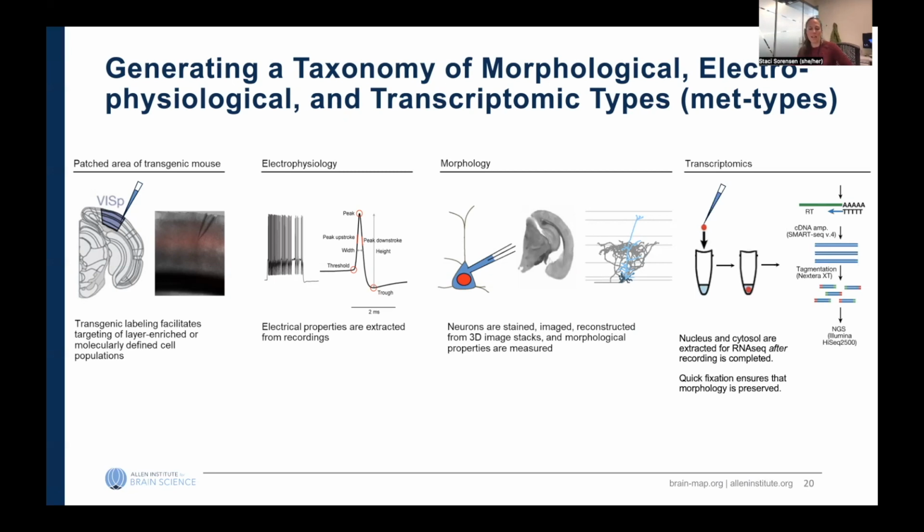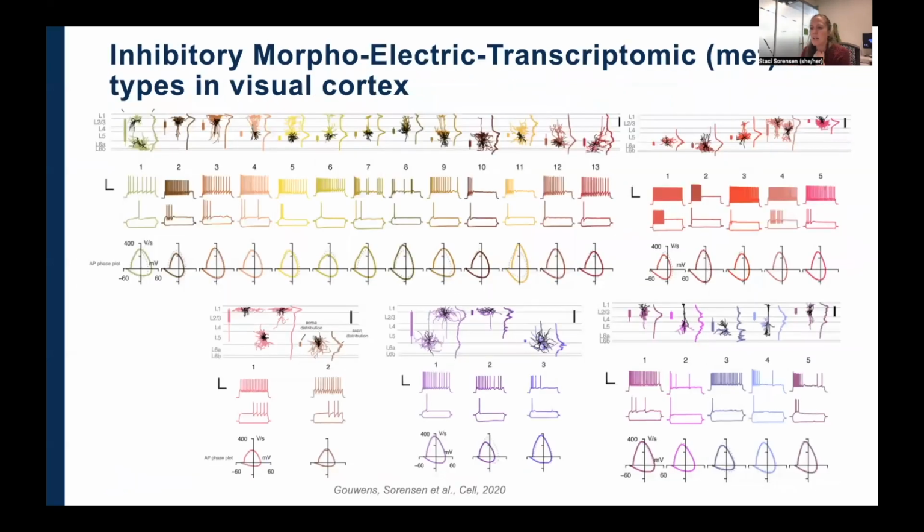So just that last graphic showing you how we take that single nucleus and then get the transcriptomics in addition to the morphological and electrophysiological properties from each neuron. Okay, and then here I'm just showing an example of morphoelectric transcriptomic type taxonomy or MET type taxonomy.